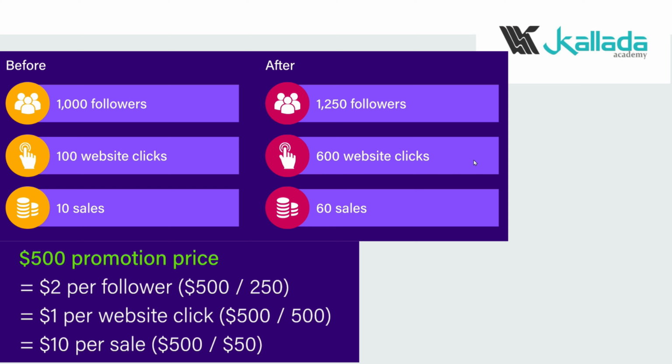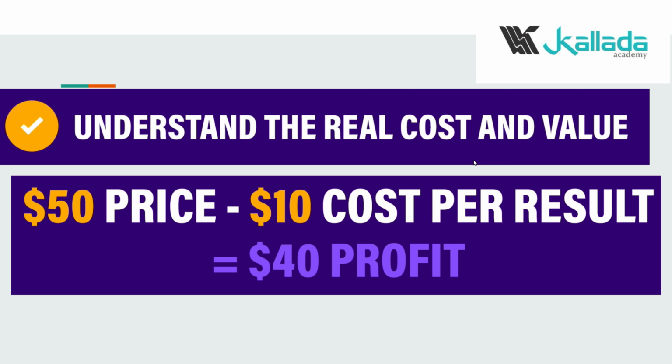Apart from that, the most important metric here is the growth in sales. We have gotten 50 additional sales, and we have spent $500 on this. So 500 divided by 50 is $10 per sale. Now we need to understand the real cost as well as the value of this promotion.